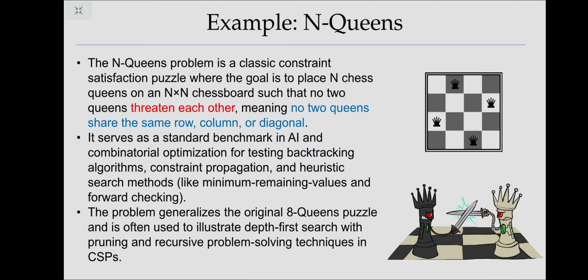If the number of queens in any row is greater than 1, it returns false. The solution does not satisfy the constraint. If the same happens in the column, it returns false. If the same happens in the diagonal, it returns false. Because of that, we have 3 important loops in the goal test.